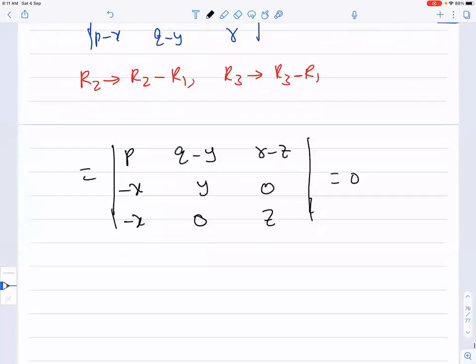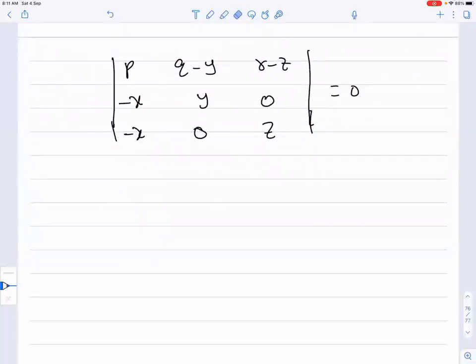If I expand, what will I get? This is given as 0. Expand it, and p into yz will come. The determinant of this is yz, correct?